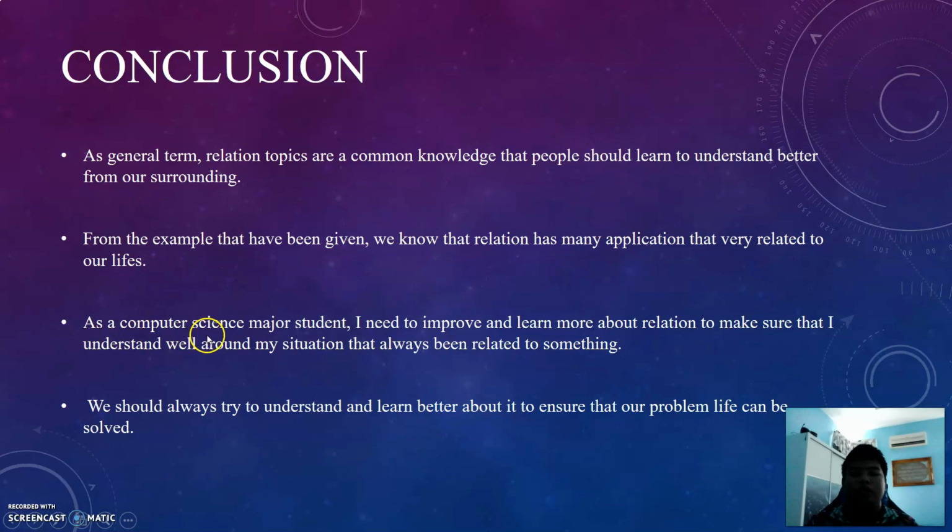As a computer science major student like me, I need to improve and learn more about relation to make sure that I understand well my situation that is always related to something. We should always try to understand and learn better about it to ensure that our life problems can be solved.